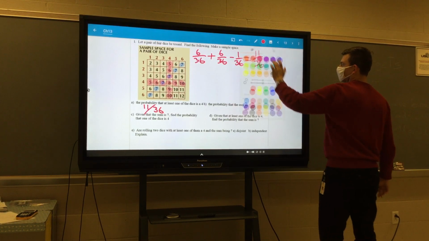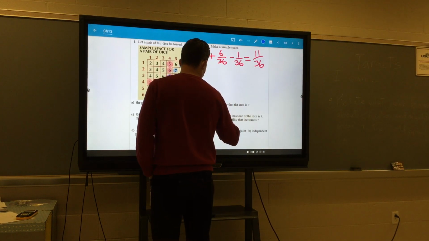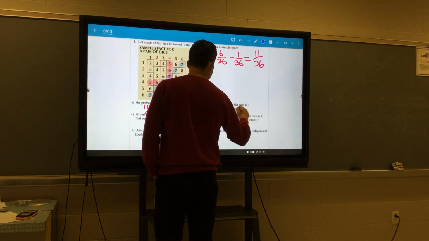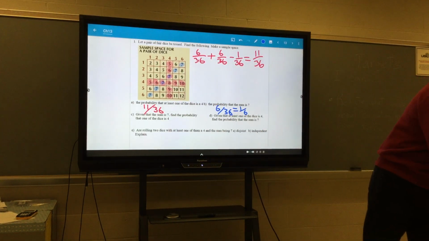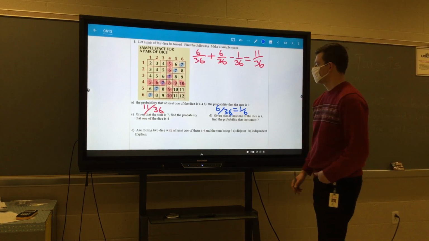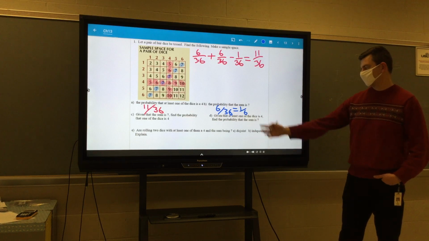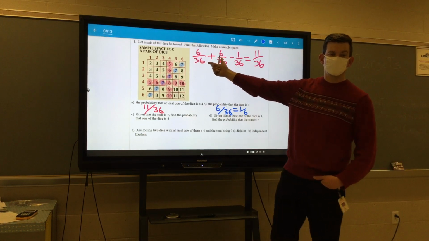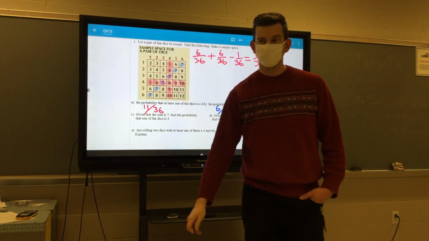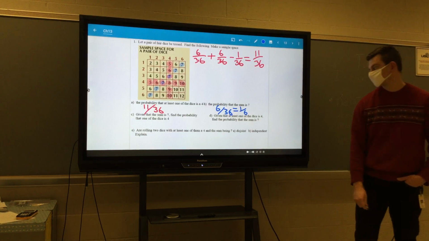So, probability, 6 out of 36, or 1/6. This is a case where it's okay if we simplify the fraction. Back up here, this was an example as to why we did not want to simplify the fraction, because we were adding and we needed that common denominator.